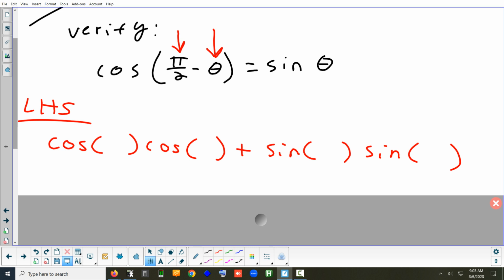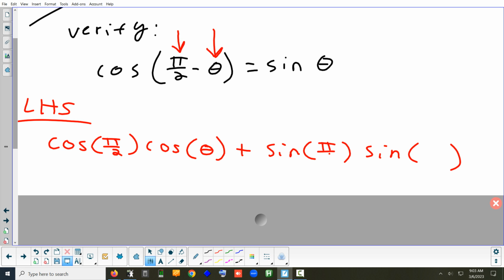What's my first angle? Pi over 2. What's my second angle? Theta. Not going to be able to do much with the theta because that's a variable. But pi over 2, we're going to figure that one out in a second. Okay. What's my first angle?